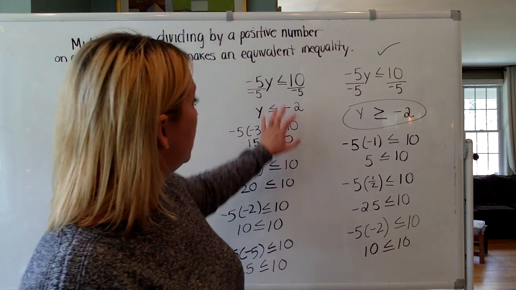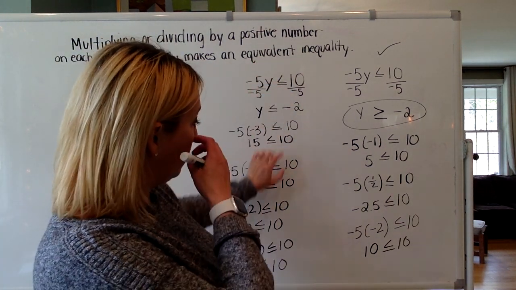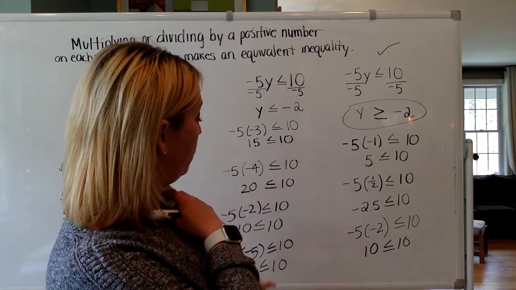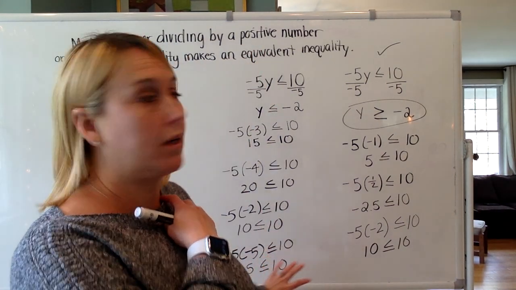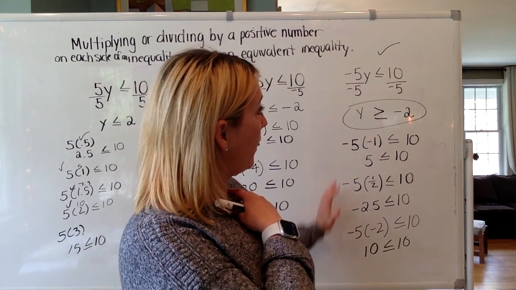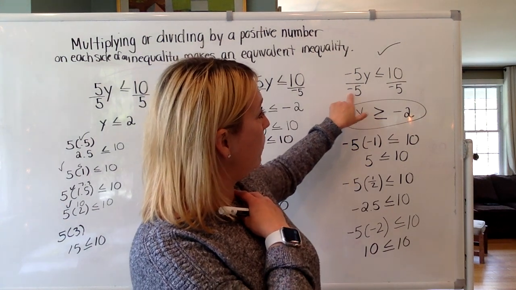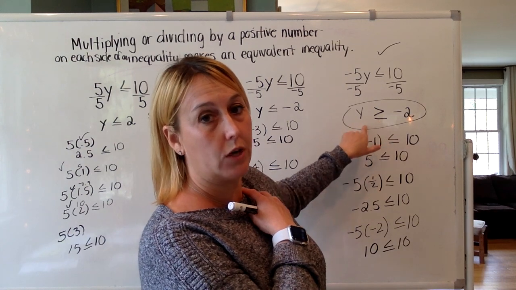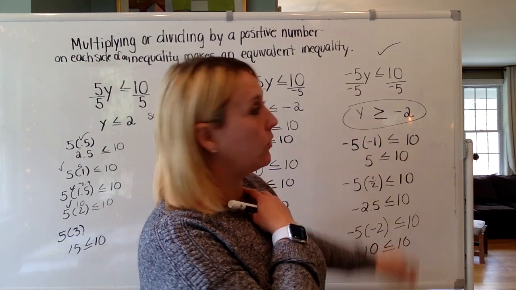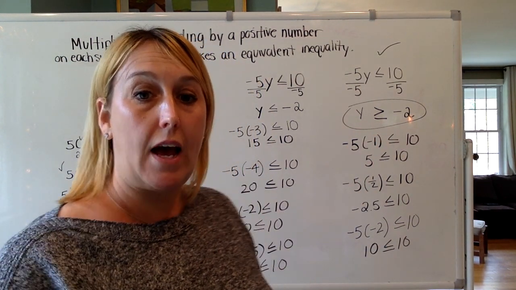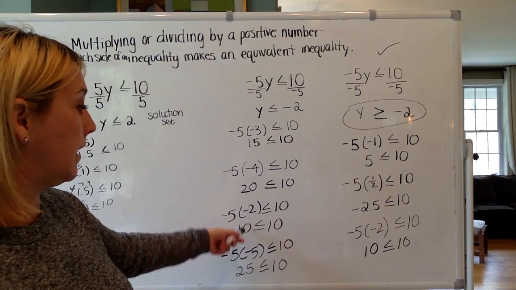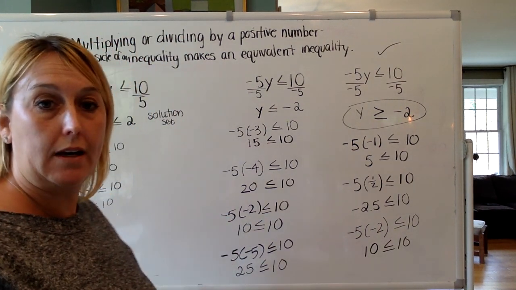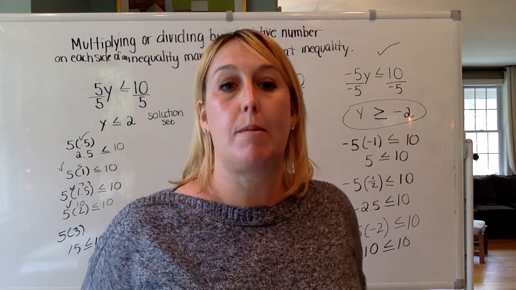With negative numbers, if you do it like normal and you don't flip the inequality in your solution set, it's going to be wrong. And then I wanted to show it to you correctly, where when you divide or multiply by a negative number, you flip the inequality when you're solving for the variable so that you can get a solution set that is accurate. Otherwise, your solution set will be incorrect like we had in this middle example. So now we're going to do some on your own.